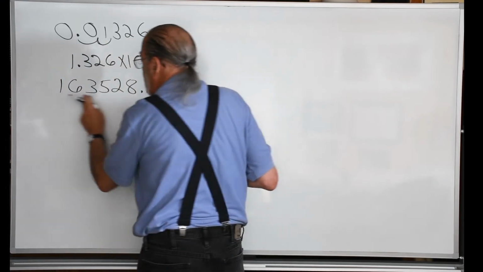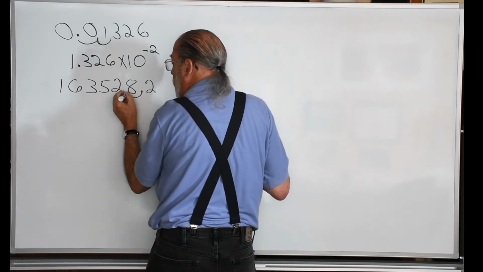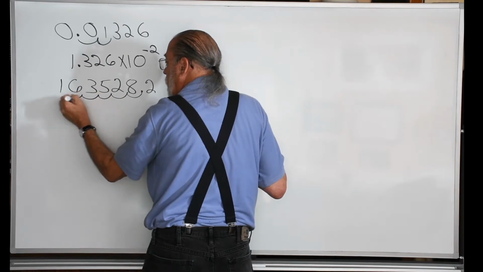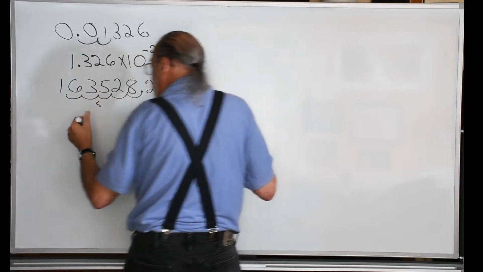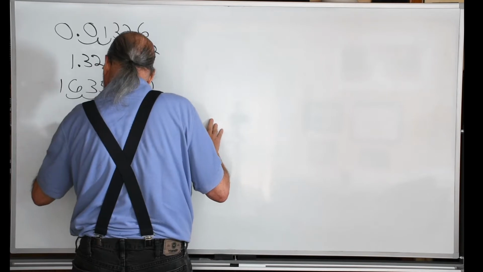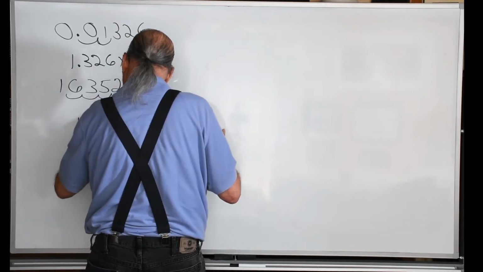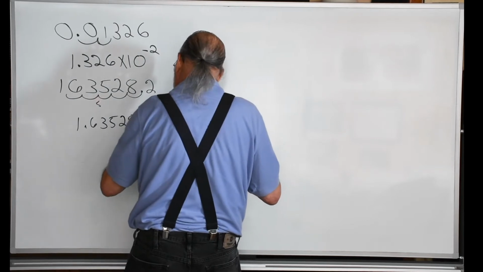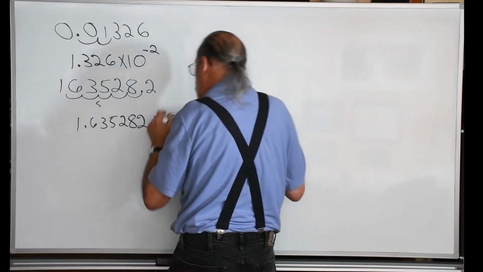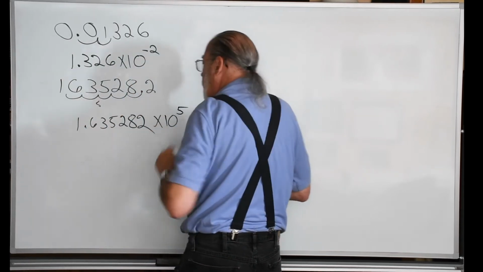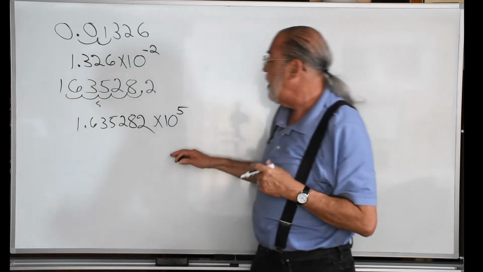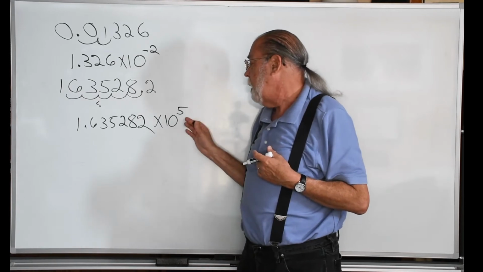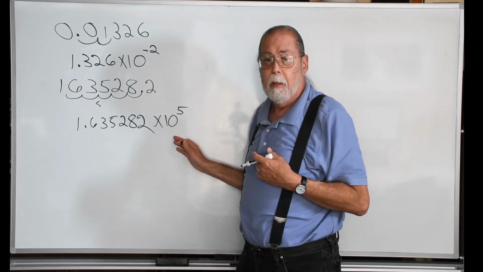In this case, you can see we must move it to the left. 1, 2, 3, 4, 5 places. We get 1.63582 times 10, and since this is larger than 10, it is a positive exponent. 1.635 and so on times 10 to the plus 5.